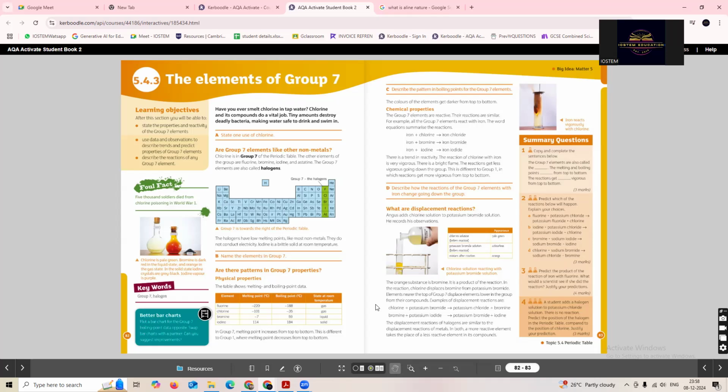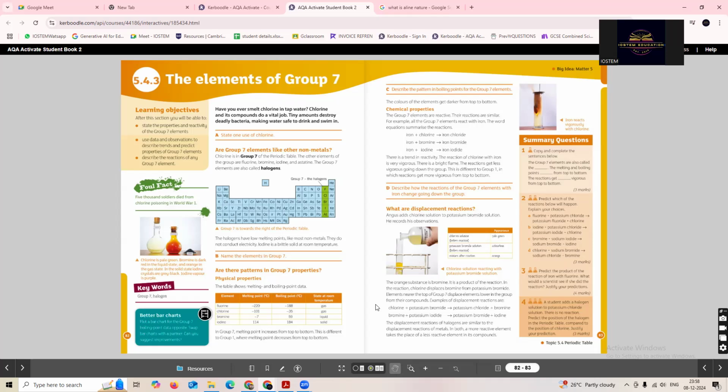Because the halogen wants 1 electron and the metal wants to leave 1 electron. So the metal gives 1 electron to these group 7 elements and forms an ionic bond.